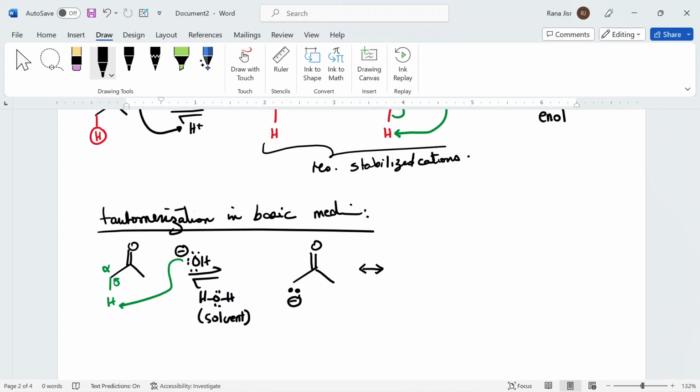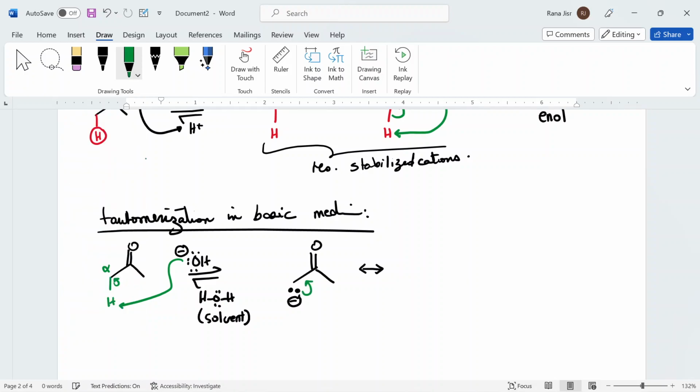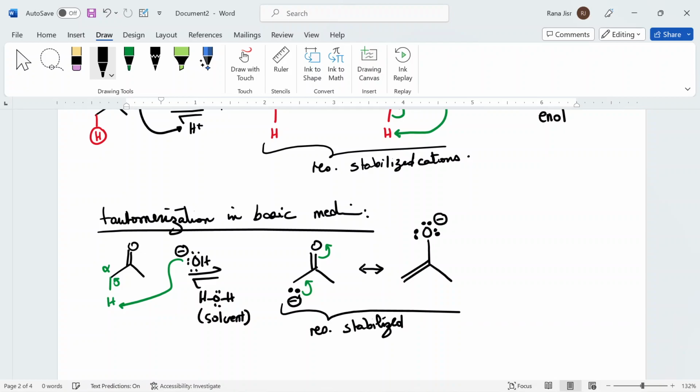You can represent the enolate ion either by having a negative charge on the carbon or a negative charge on the oxygen, and both are true representations of the enolate ion. So both of those are resonance stabilized enolate ion. Now the last step is going to be picking a hydrogen from the solvent.